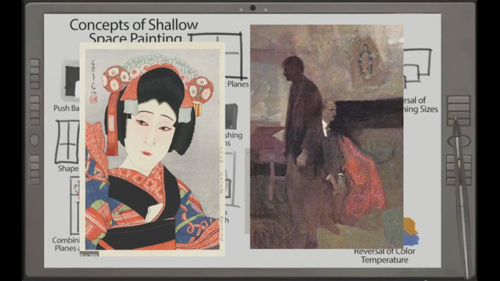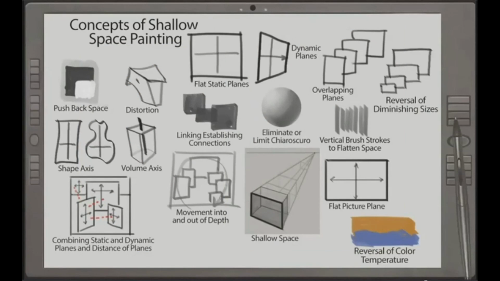In this kind of limited space or shallow space painting, various spatial concepts are used to bring everything closer to the picture plane, which are these spatial concepts that you see here.